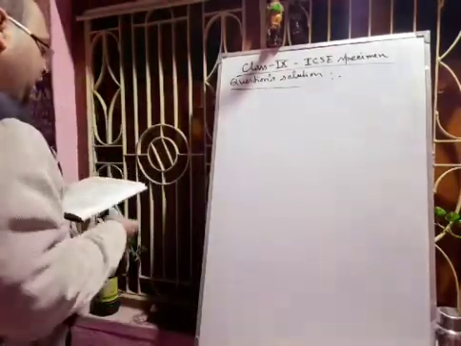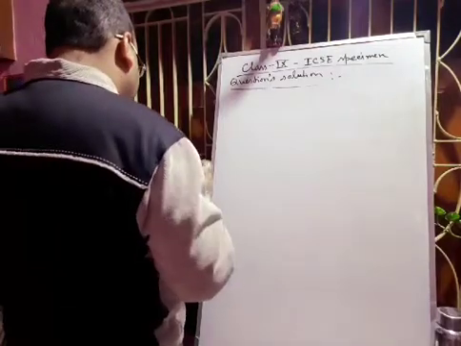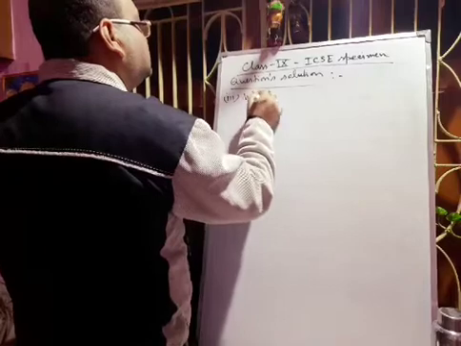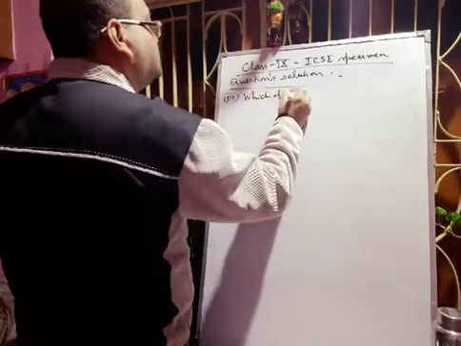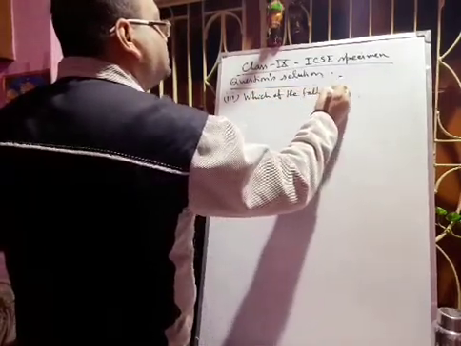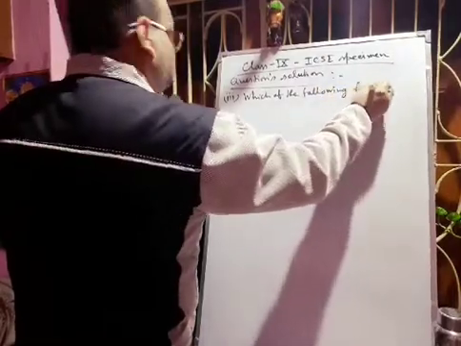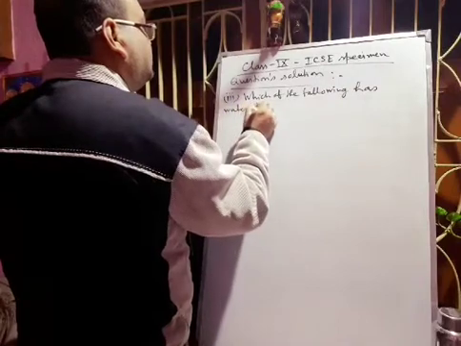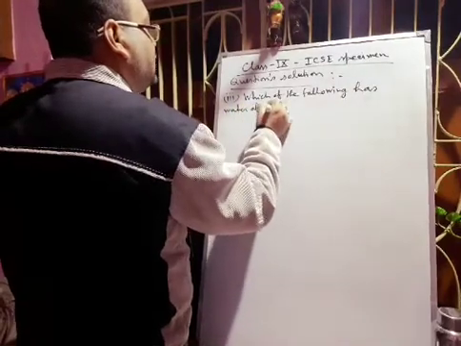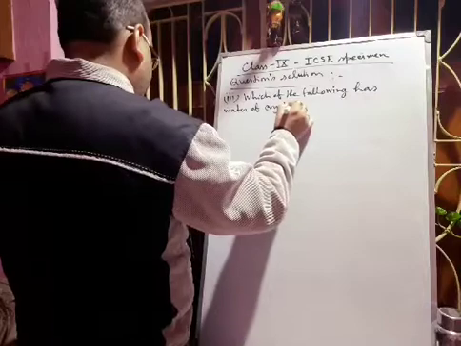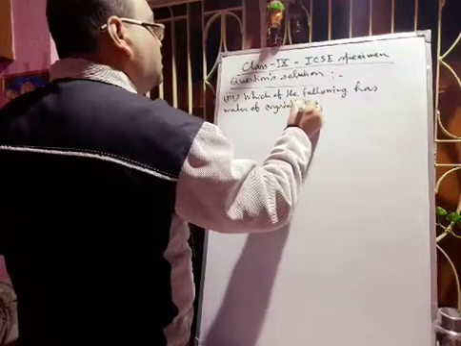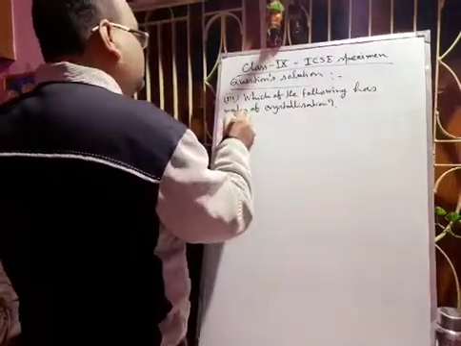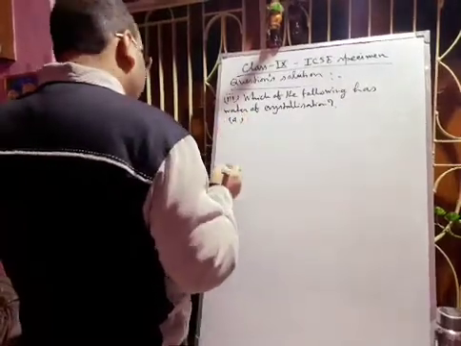Which of the following has water of crystallization? Options are given: option A, potassium chloride.